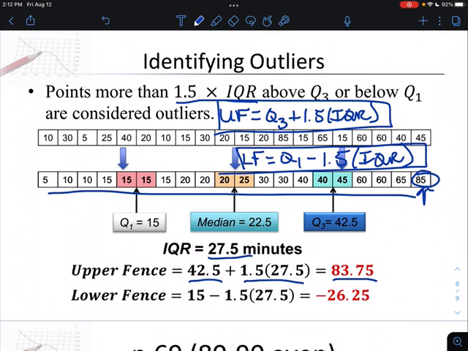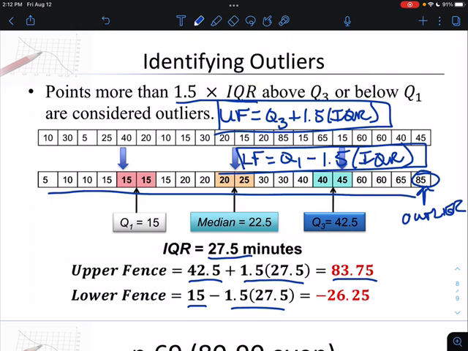So this maximum value would be considered an outlier. On the lower fence, we take our quartile 1 minus 1.5 times the IQR, and when I subtract this time, I get a negative number, which is fine. We're just looking for a lower bound. But in this case, we know that we're not going to go into the negatives. So my lowest value, 5, is still well within that lower bound.